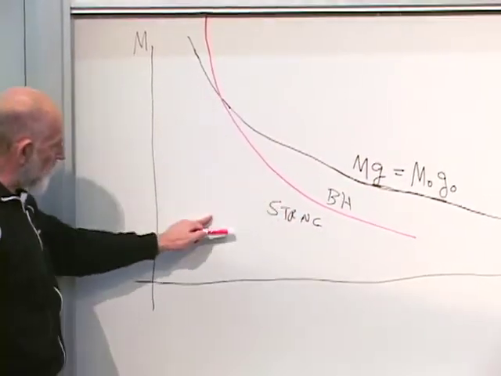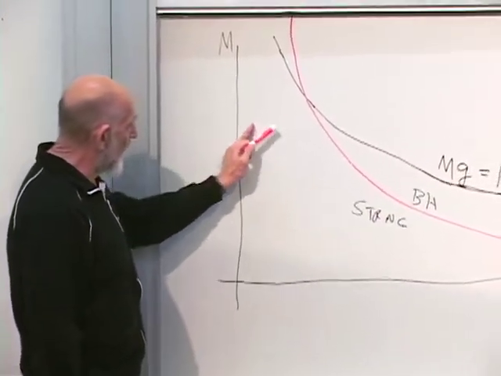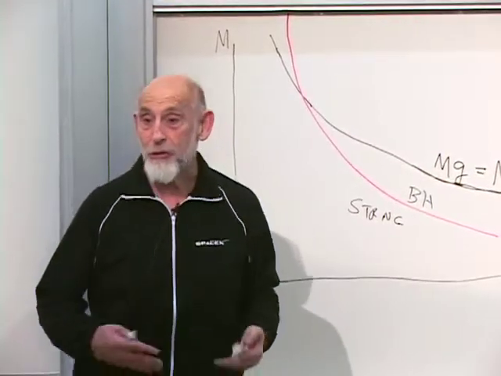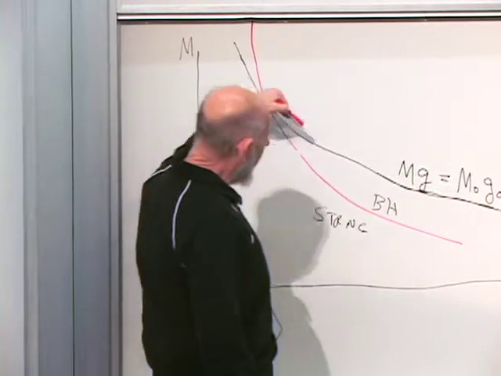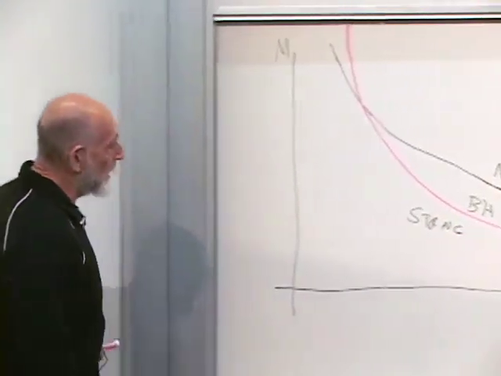If the coupling constant is small, and what does small mean? It depends on the mass. But if you're to the left of this red line, this lump of stuff behaves like a string. If you're to the right of it, it behaves like a black hole. All along the black line, that's where the entropy is constant.